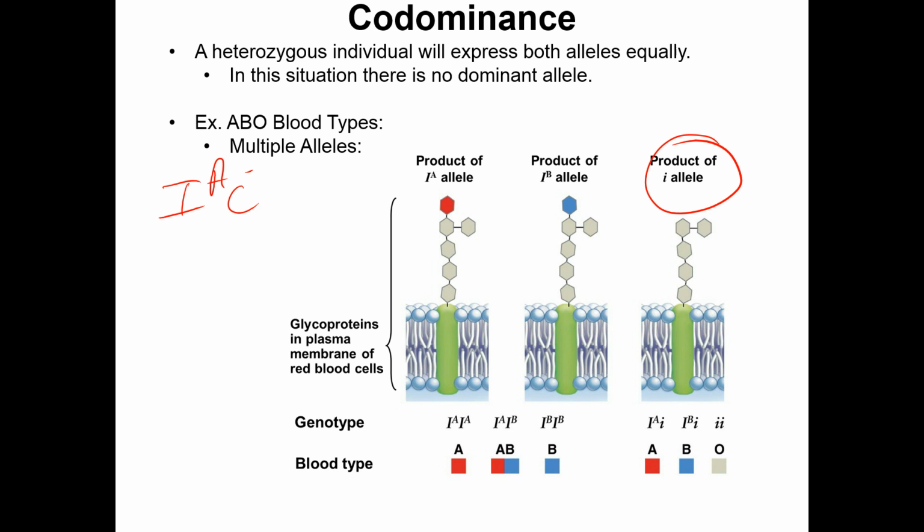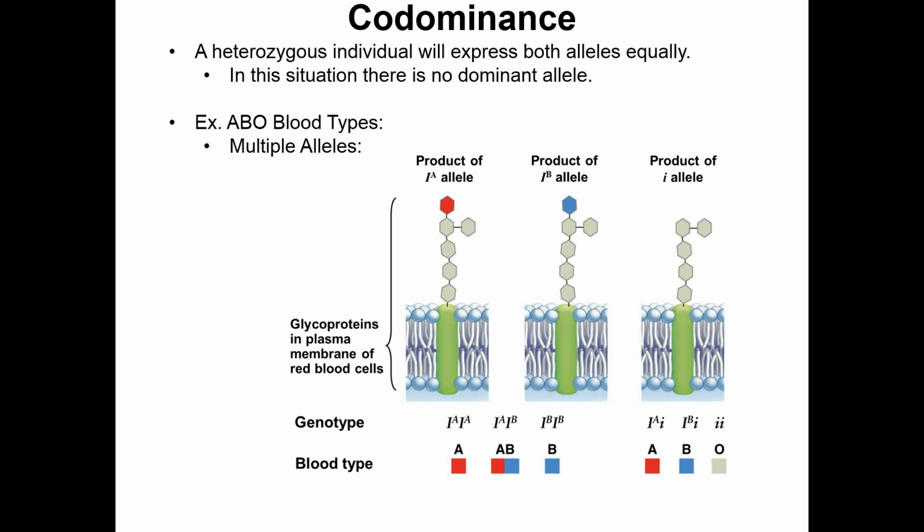So here you do have an example of complete dominance. The A allele is dominant over the O allele. What about an individual that's type B? The B allele is dominant over the O allele. Again, complete dominance. But with the A and the B allele, neither is dominant over the other. This is also a situation where we're dealing with multiple alleles.